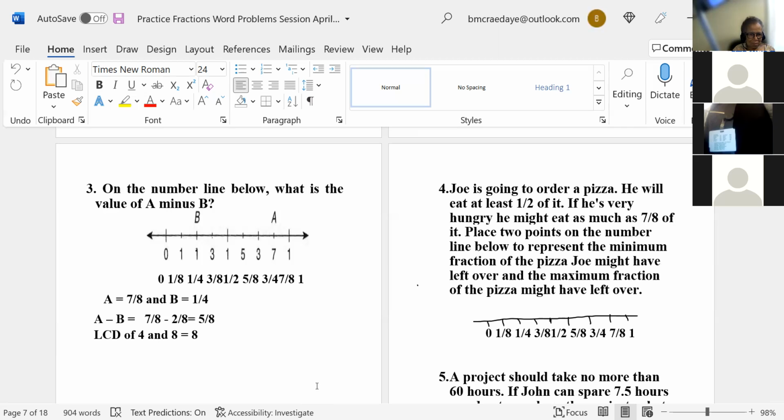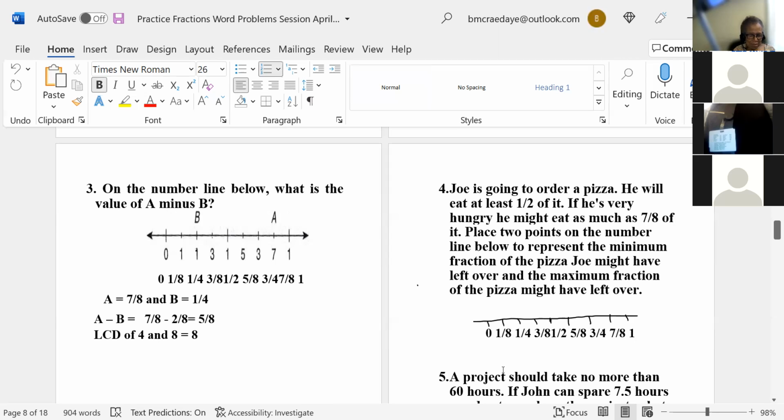Place 2 points on the number line below to represent the minimum fraction of pizza Joe might have left over and the maximum fraction of the pizza he might have left over.